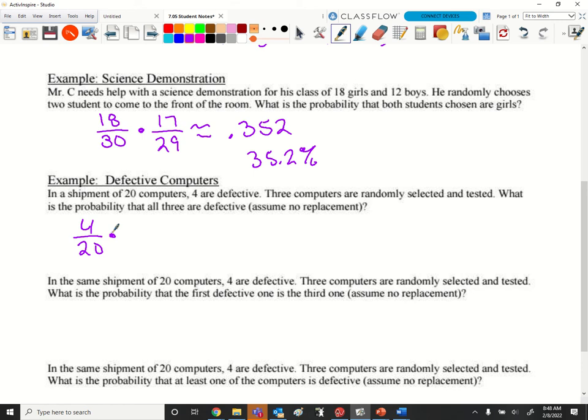Because I already picked a defective one, it reduces that number, and it also reduces the pool. 3 out of 19. And my third one's going to be 2 out of 18. Very good.